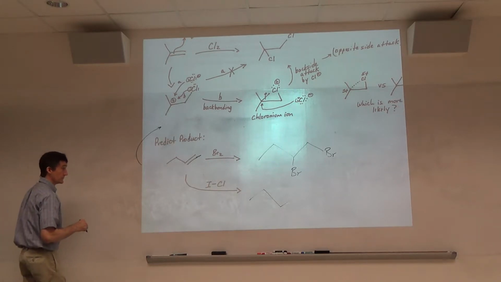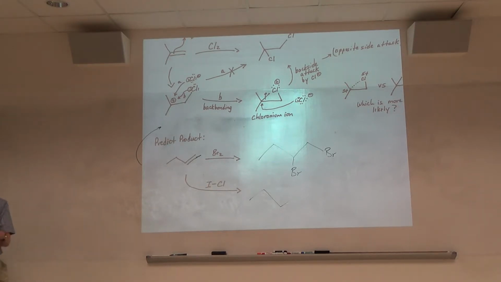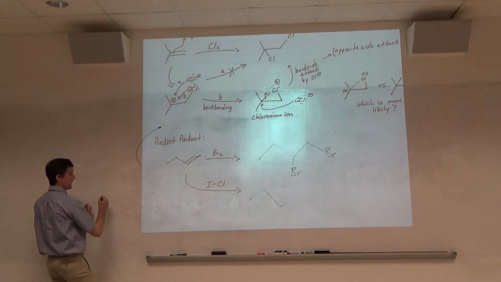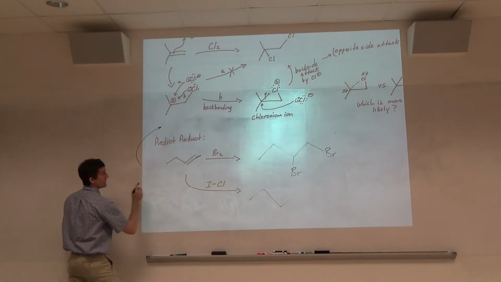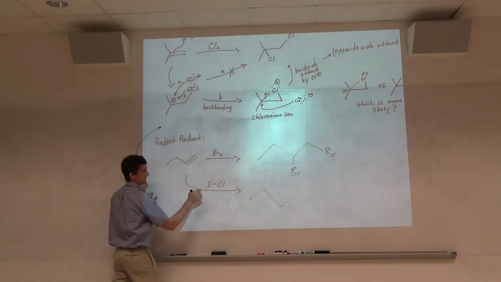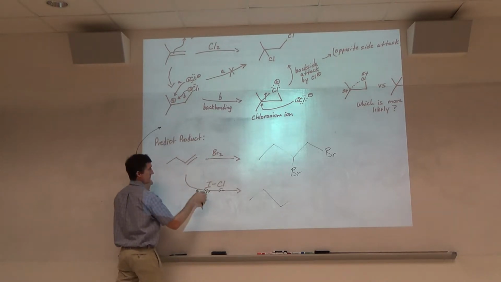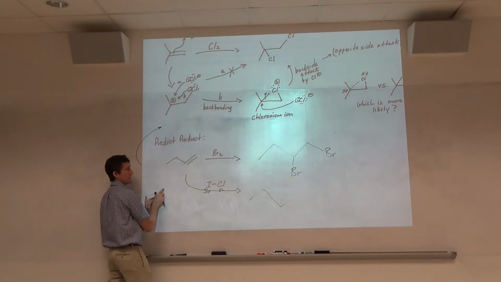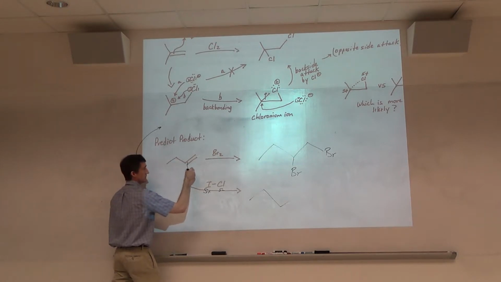You're not just going to spout off that it's 3025. This attacks which halogen? Partial plus. Are we going to leave plus on right or left? Left. So this attacks here.